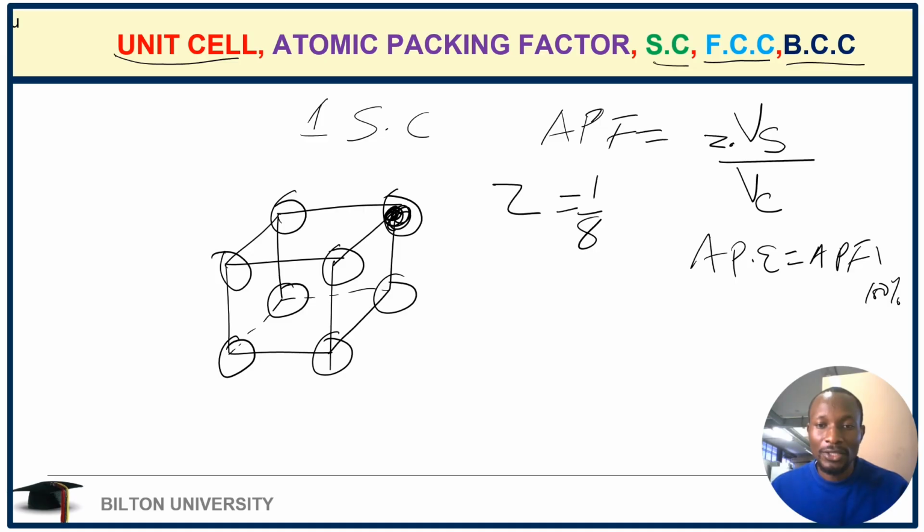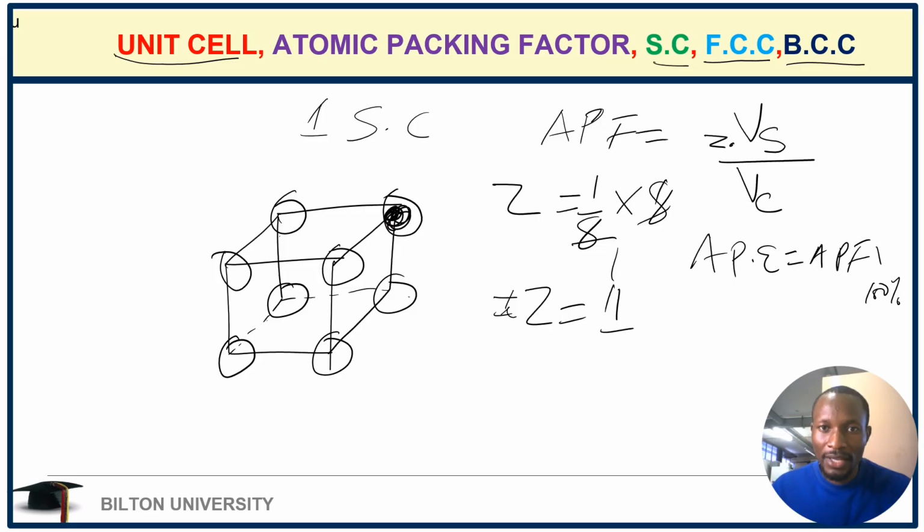And how many atoms are in this cube? There are 8: 1, 2, 3, 4, 5, 6, 7, 8. So we multiply 1/8 by 8 to know how many effective atoms are contributed by the corners. This gives us 1, so Z is equal to 1. It tells us that in the simple cube the effective number of atoms is 1.